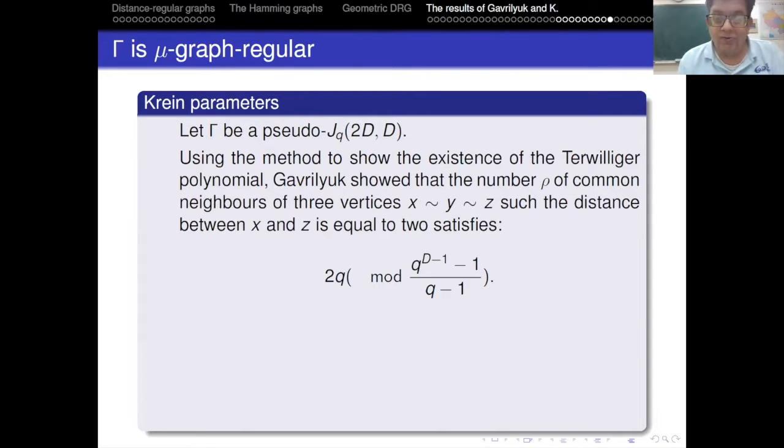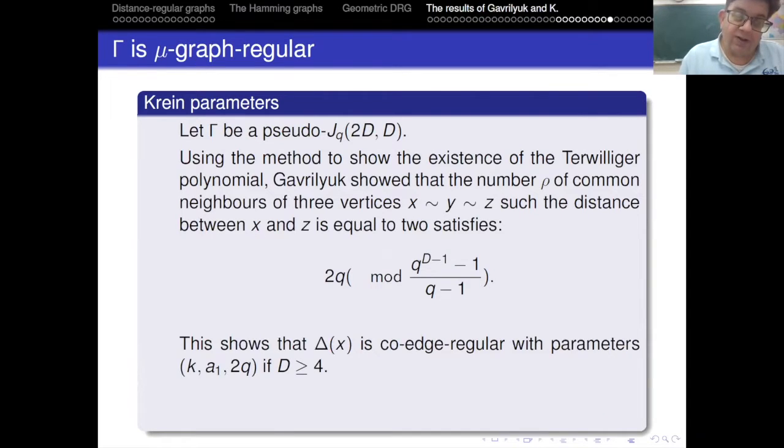And then because 2q, if q is 2, that is the same as q squared. Yes, so you have to be a little bit careful. You have to have something bigger than q squared. You have to have at least 2q squared to get something. So this shows that delta x is co-S regular with parameters k, a1, 2q if d is at least 4.